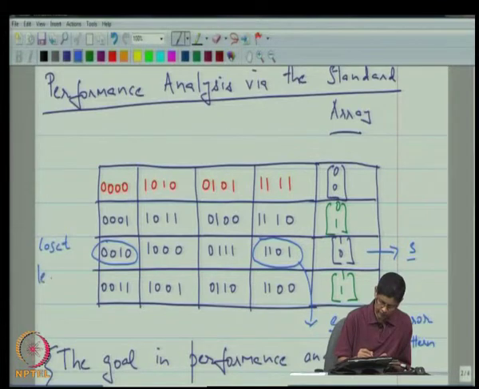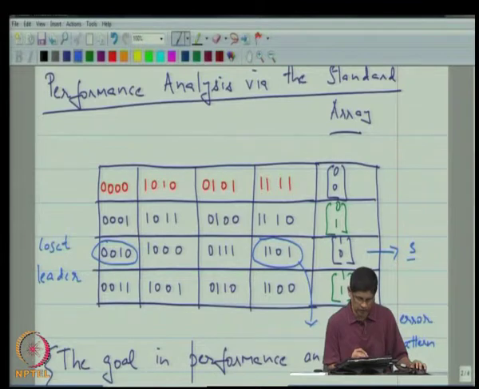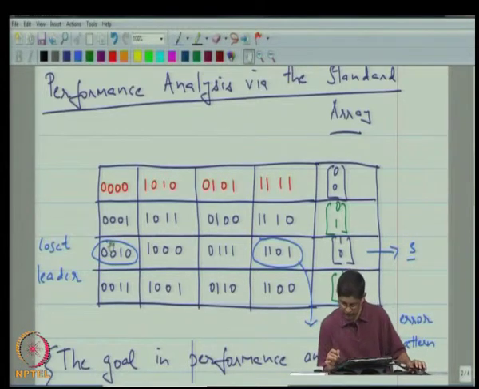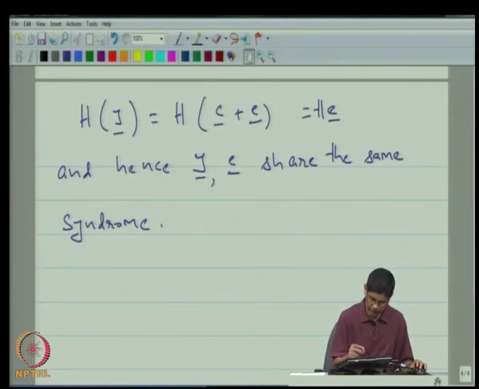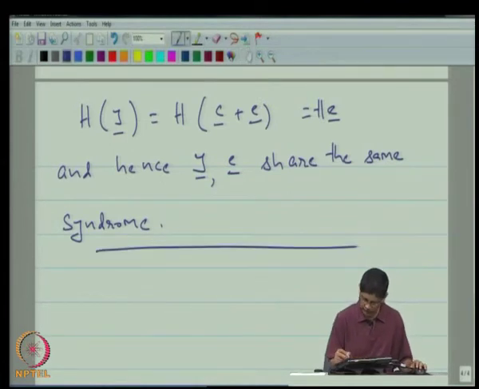Given this coset leader and this received vector, the algorithm says that you take this coset leader and add it to the received vector. Let us see what that does.